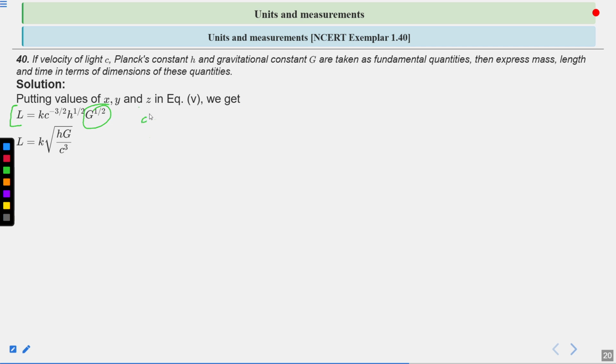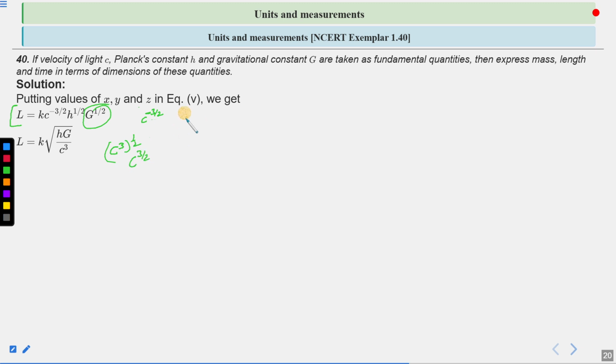c raised to the power minus 3/2 means 1 over c raised to 3/2. Here there are two terms, c raised to the power 3 and then the power 1/2. So c cube, whole raised to the power 1/2, means c raised to the power 3/2.